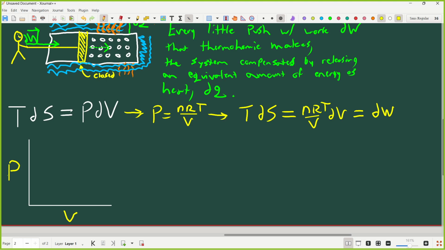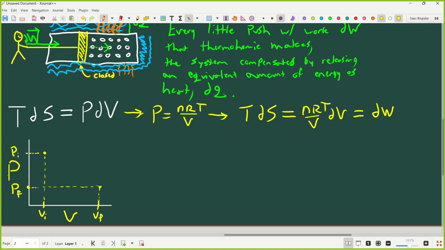So let me just write a few things here. Here's our initial volume, here's our final volume. Let's put the initial volume and pressure right here, and we'll put the final volume and final pressure right here. I'm just going to draw some lines to make it nice and pretty.